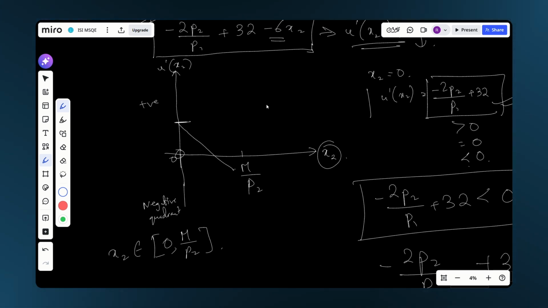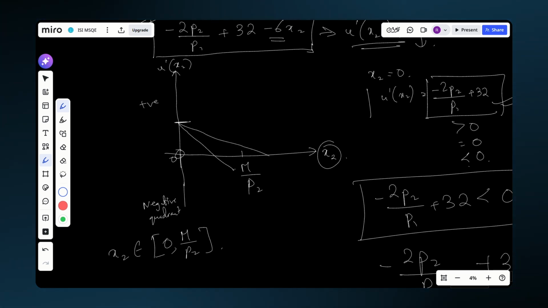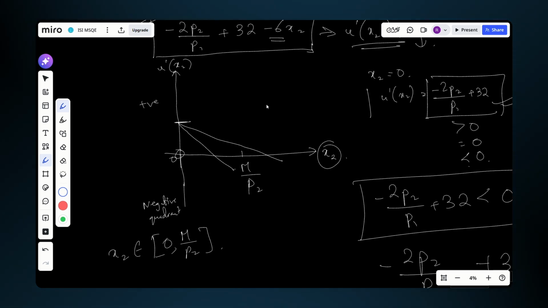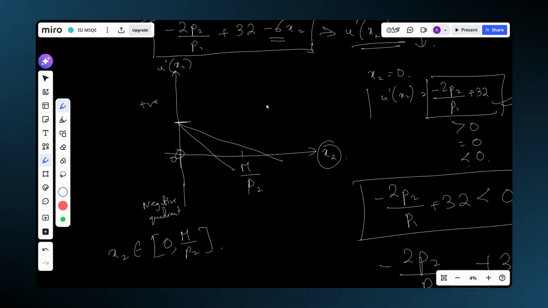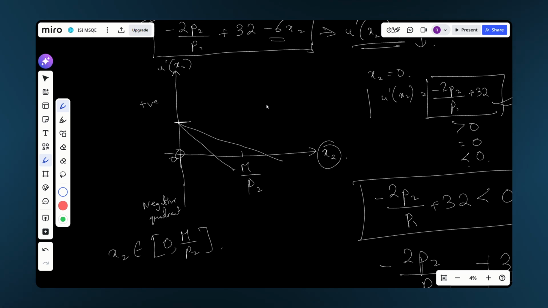Let's say our u dash function can look like this, or it might look like this. So we have two cases. What are the two cases? The first case is our u dash is intersecting 0 before m by p2, and the second case is u dash is intersecting 0 beyond this m by p2.